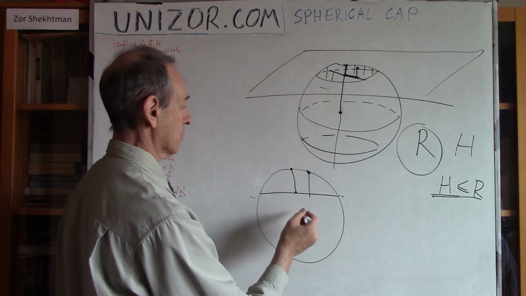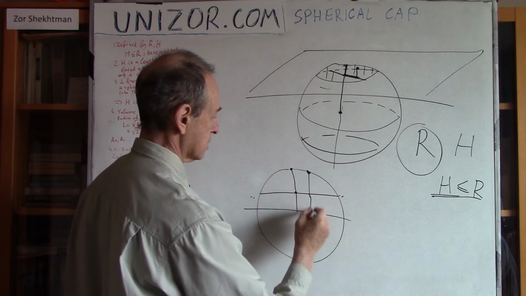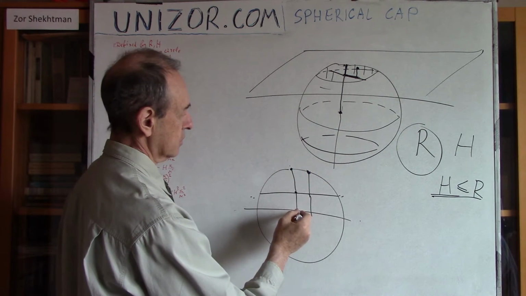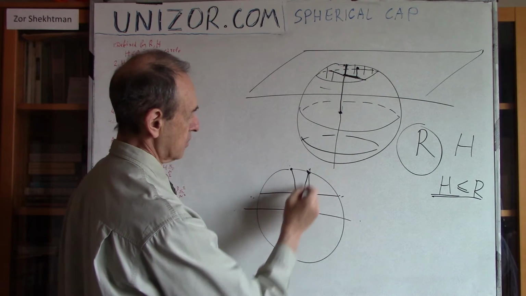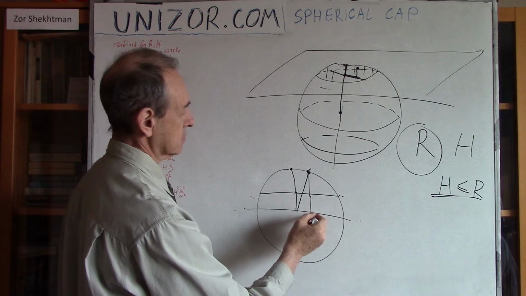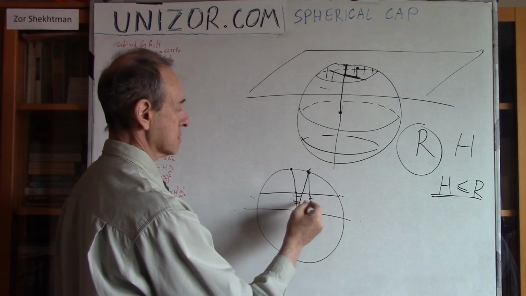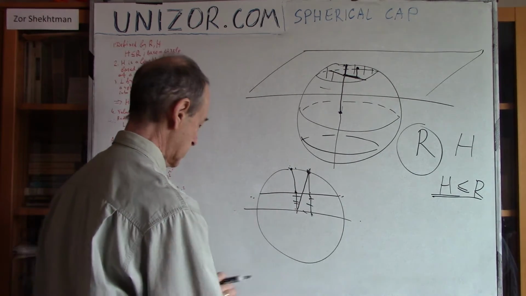How can we compare it? If this is a diameter, this is the radius, and this is smaller than the radius, right? Because the radius is the hypotenuse, and this is the leg. So adding two equal parts, this is smaller than this. Same thing, smaller.